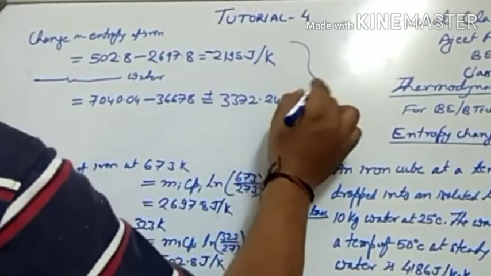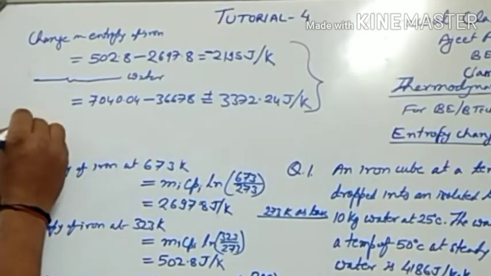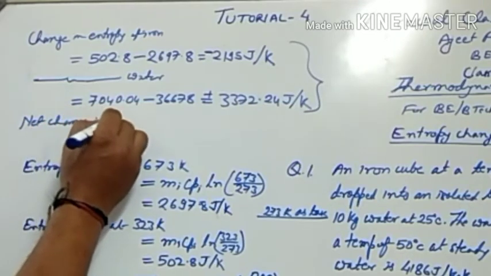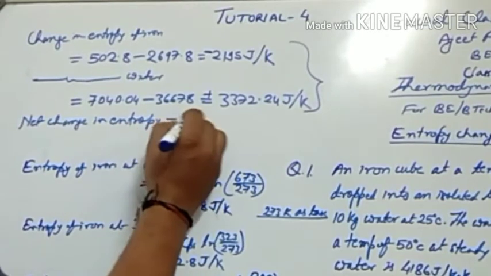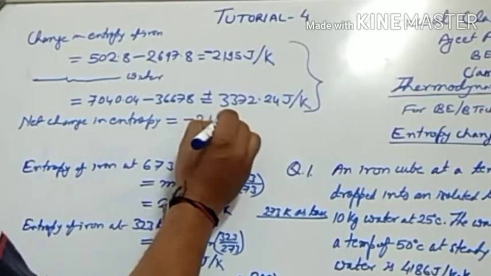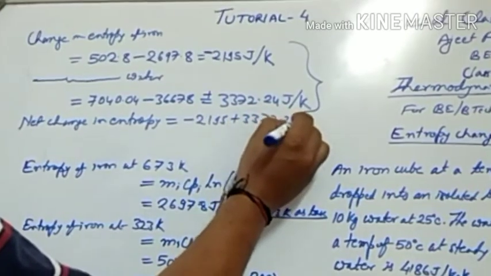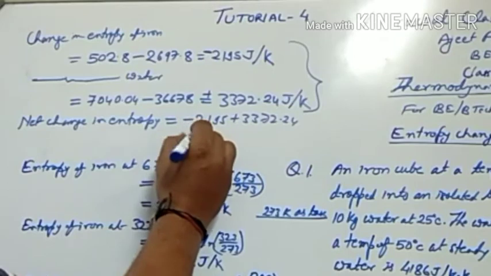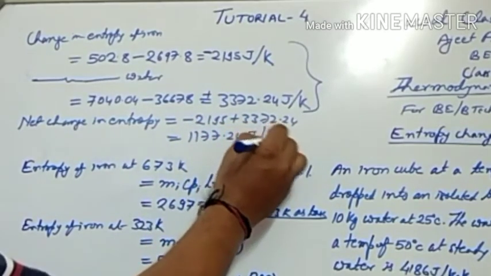So the net change in entropy is equal to minus 2195 plus 3372.24, which is 1177.24 joules per Kelvin.